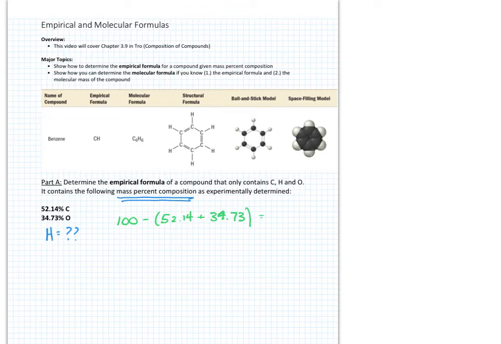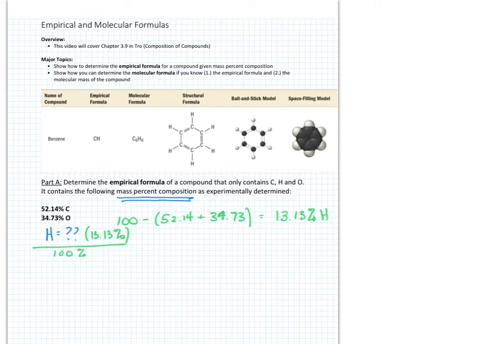And that quantity is going to be equal to 13.13% hydrogen. So those are our 3 mass percentages that we have in this compound. Those should, of course, add up to 100 since we just subtracted it.